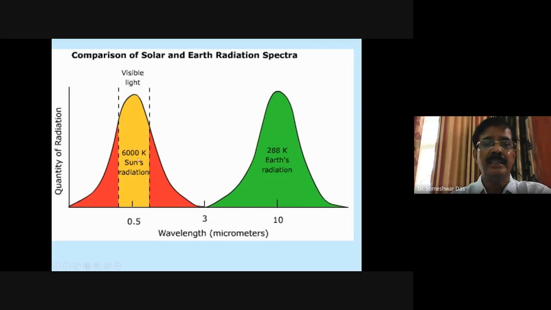And this is basically the visible range for the solar radiation. So this is the comparison between the solar radiation and Earth radiation with respect to the wavelength.